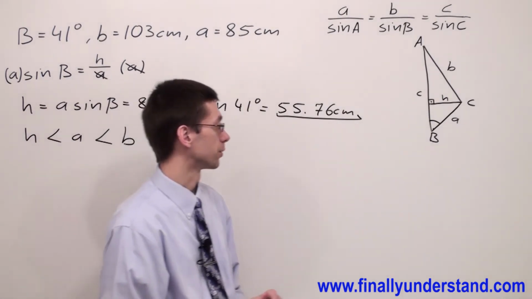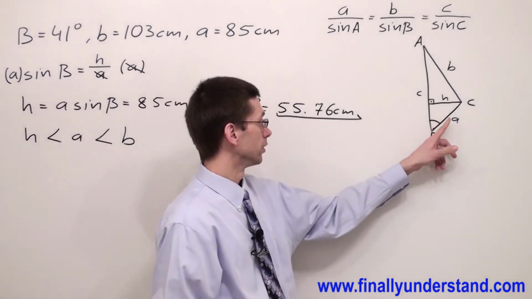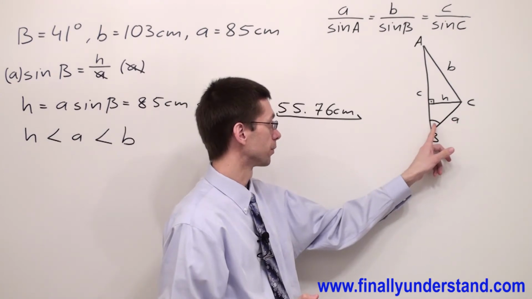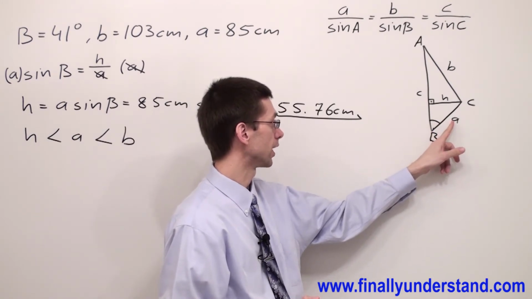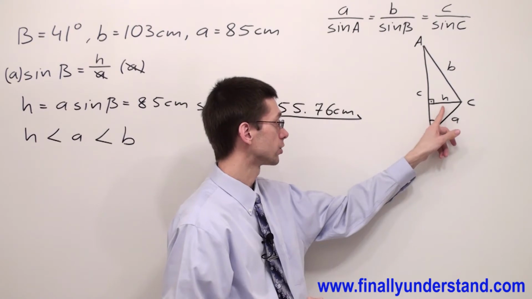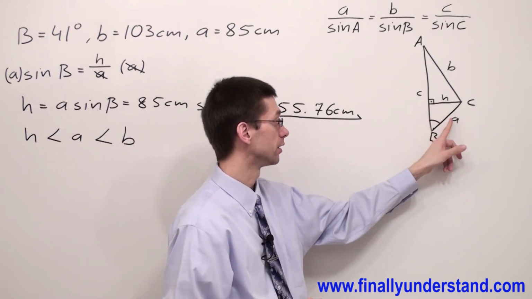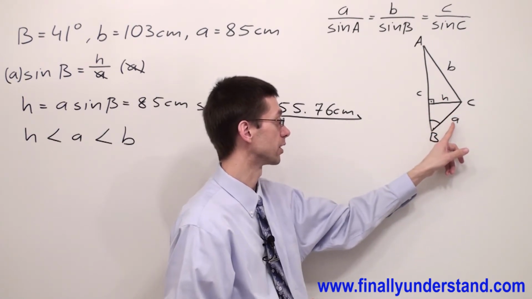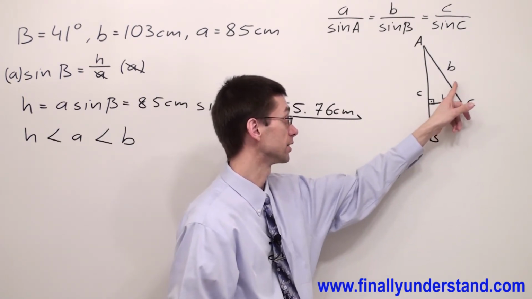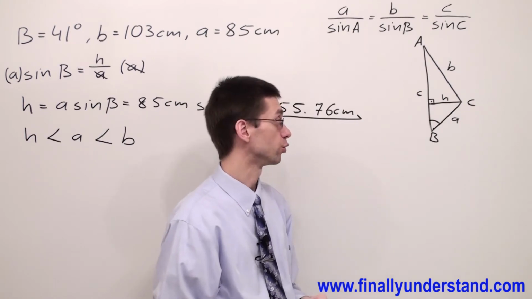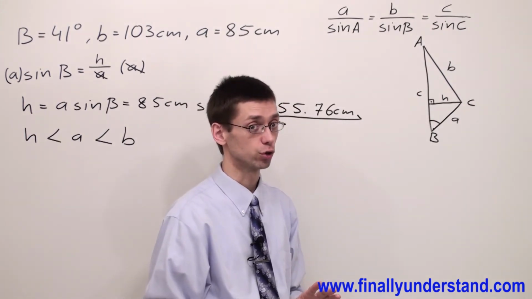Let's take a look at the picture. This is my angle. Okay, this is side A. If H is less than these two sides, I mean it's less than A and it's less than B, we're supposed to realize that there is one solution or two solutions.